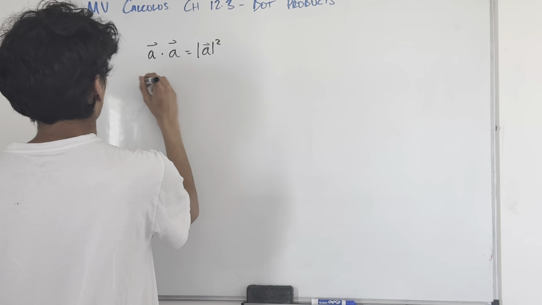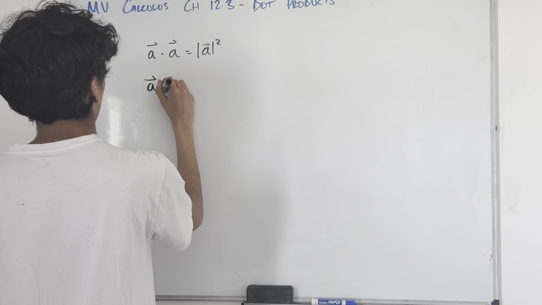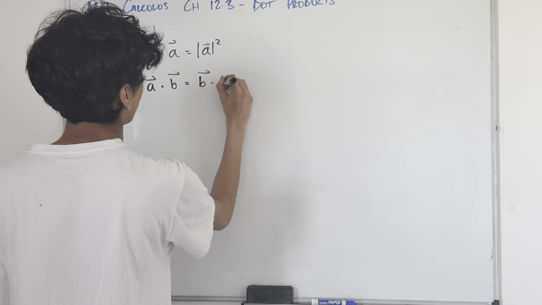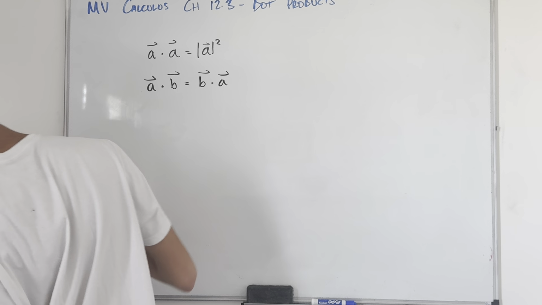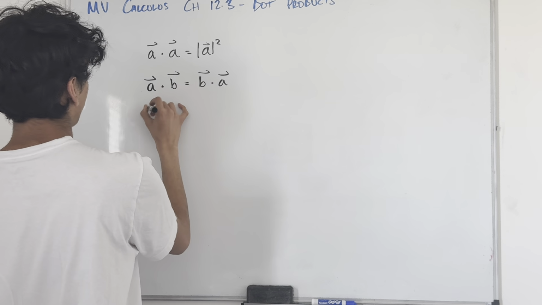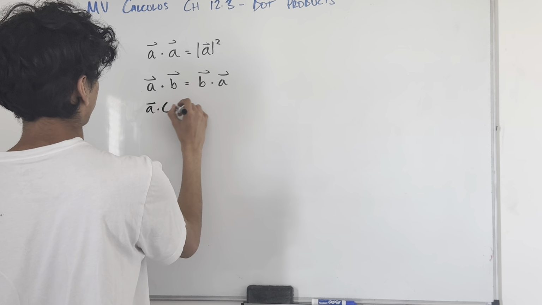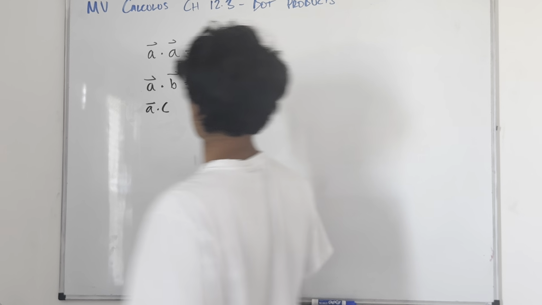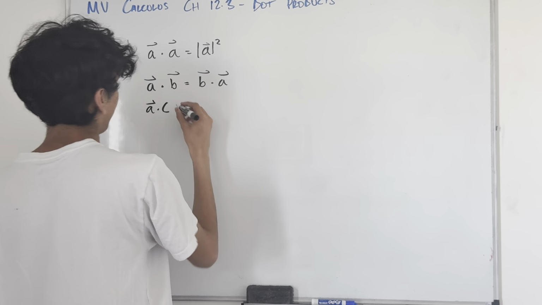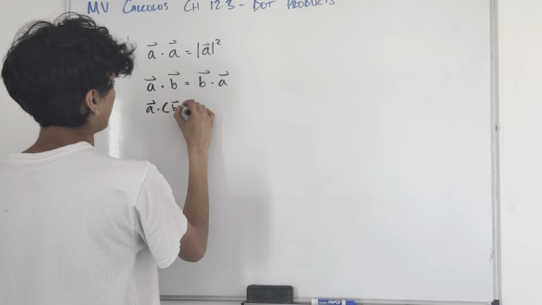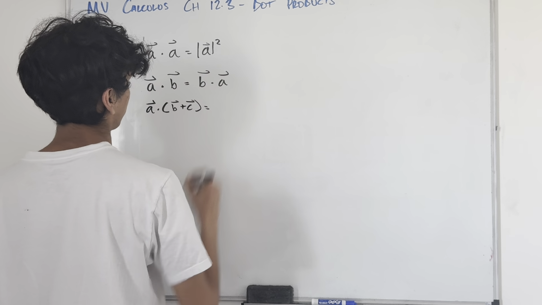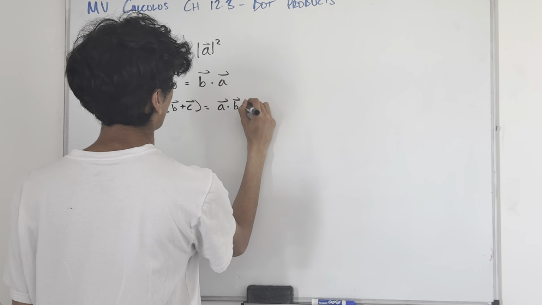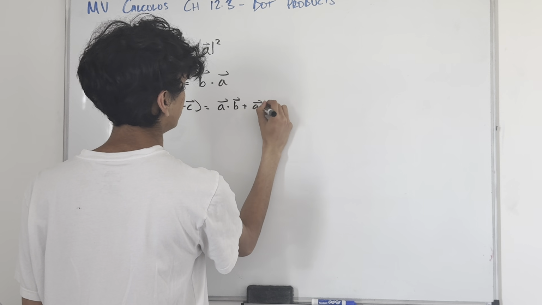If you do A dot B, you actually get B dot A. And if I take A and dot it with B plus C, the vector sum of two other vectors, I essentially get A dot B plus A dot C.